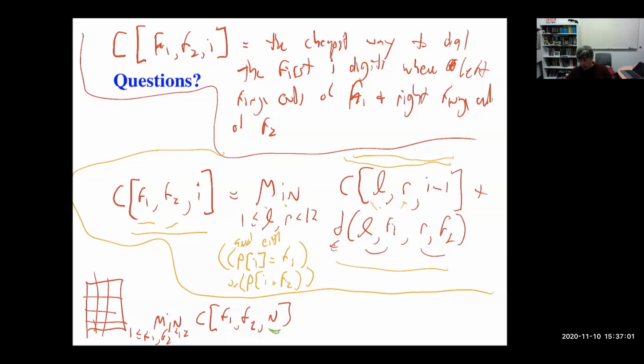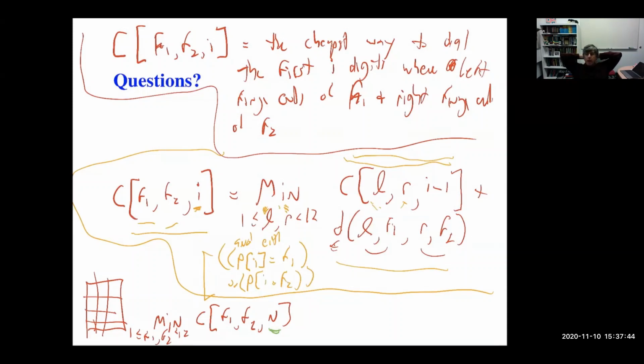L and R are the choices of what the possible positions are, and there's 12 by 12 or 144 of them. And somehow I have to make sure that I actually dial the ith digit of the phone number, right? So for this to make sense, I want either F1 or F2 to be where the ith digit is.